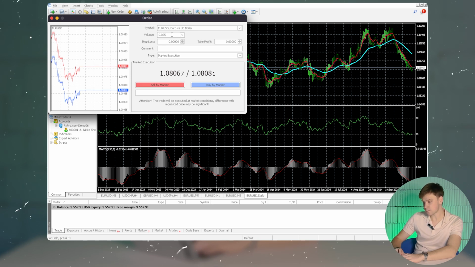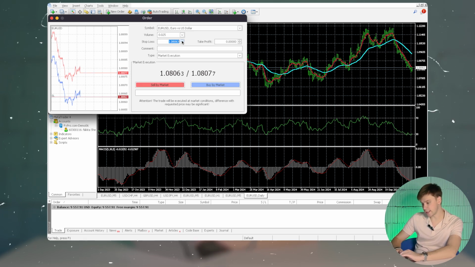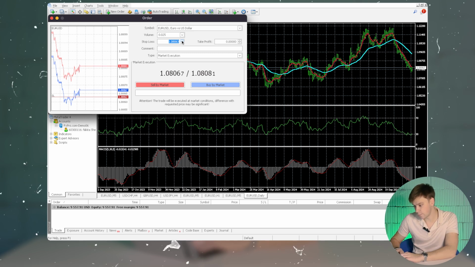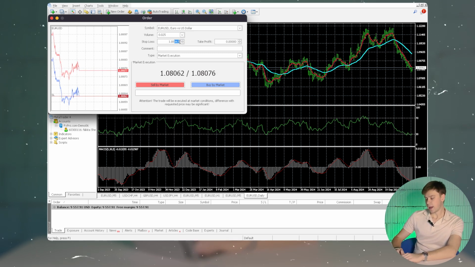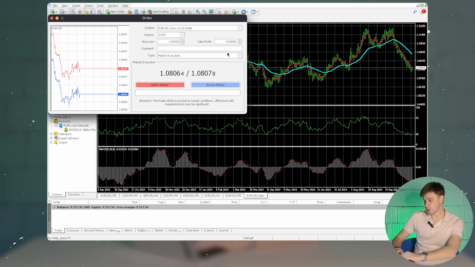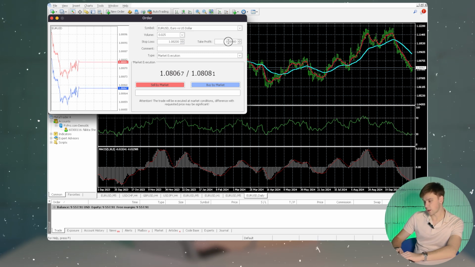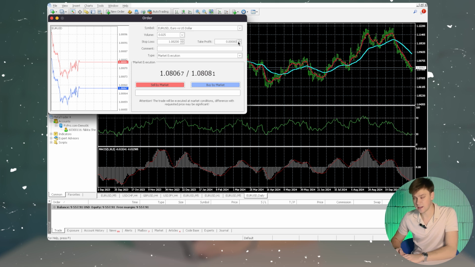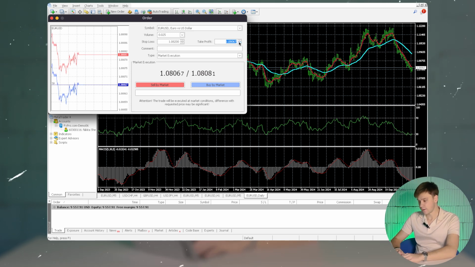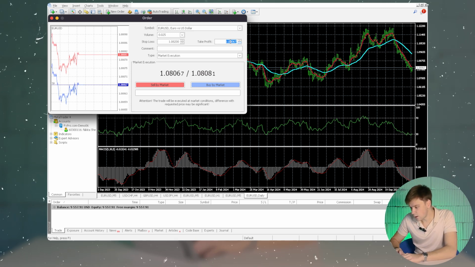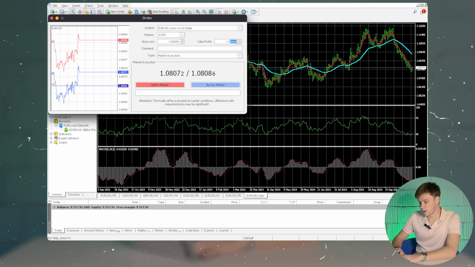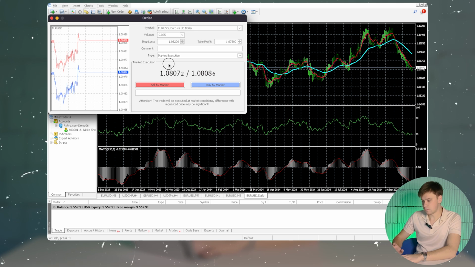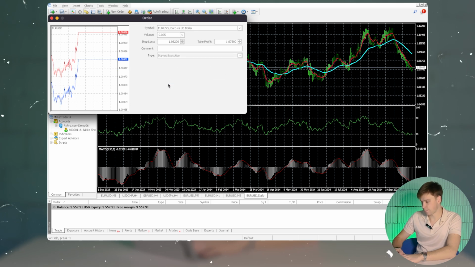Stop loss: we will have 20 pips above, which is 820, and take profit will be 40, I would say even 50 pips. This will take us to 750. And simply press sell by market successfully.